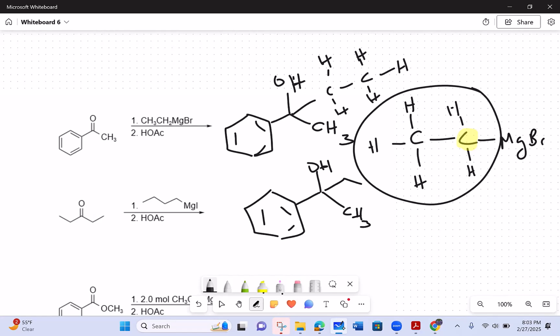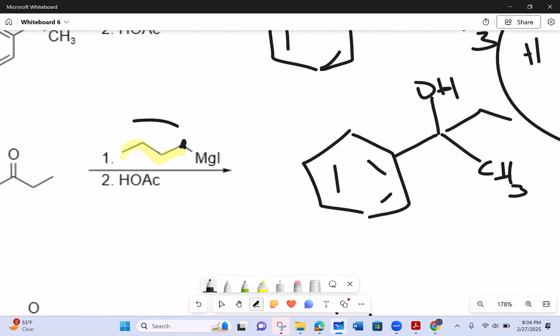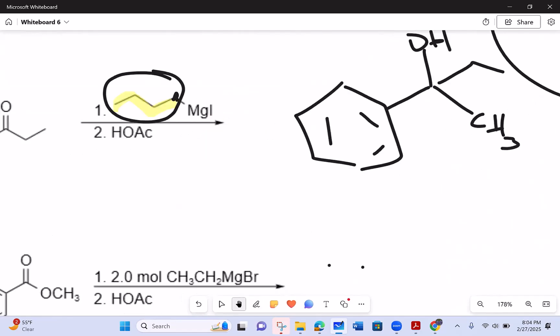That makes a lot of sense now. I understand it. It'll be the same thing down here. If this is my Grignard, this is the carbon that's attached to the metal. So that carbon and everything attached to it is what I'm going to add to the carbonyl.